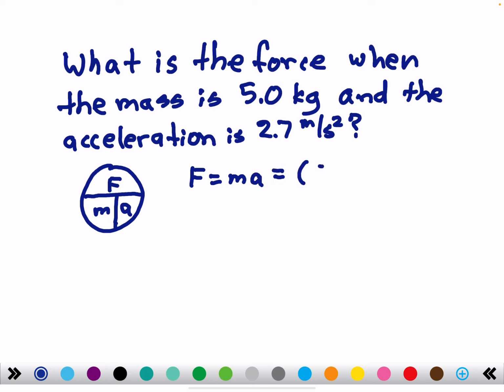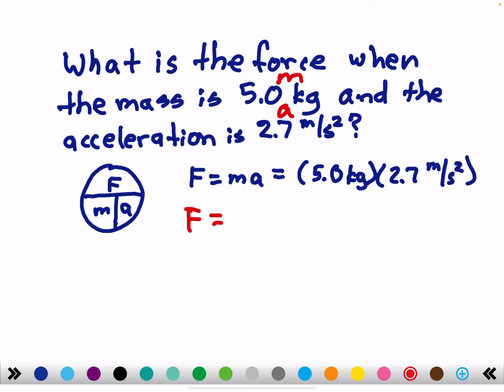So we just plug in the values. The mass is 5 kilograms. When you see the kilograms, that's how you know that's mass. And the acceleration is 2.7 meters per square second. So in the reading of the problem, that would be the acceleration.